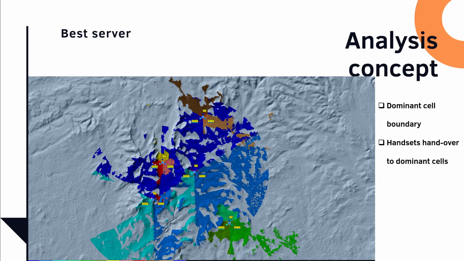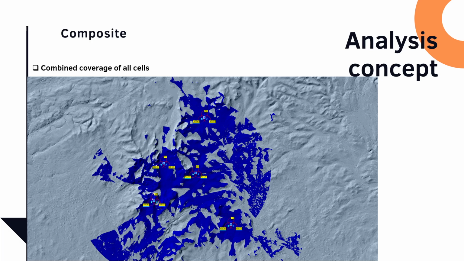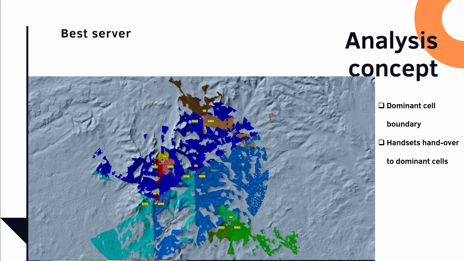Now this is what we call the best server. So best server is similar. You see it has the same footprint. The footprint is exactly the same as the composite, but it's using more colors to encode the coverage. So here the dark brown means if a person is in that brown area, very likely they will be connected to this cell.